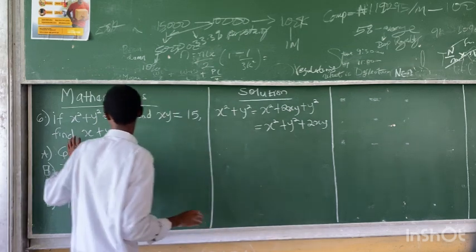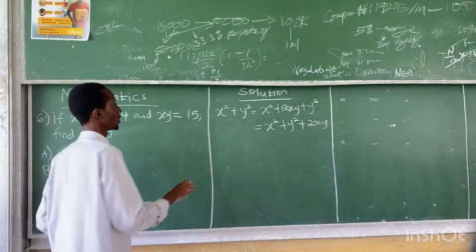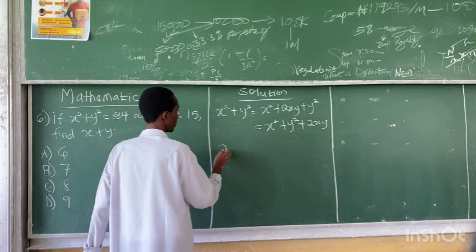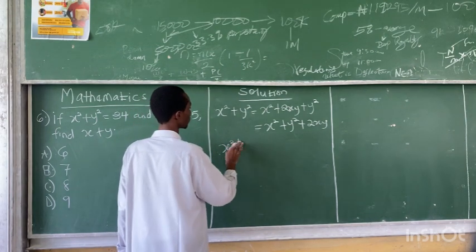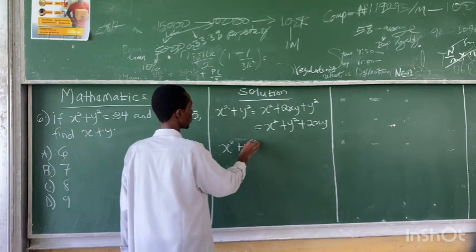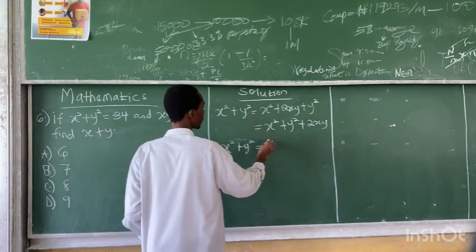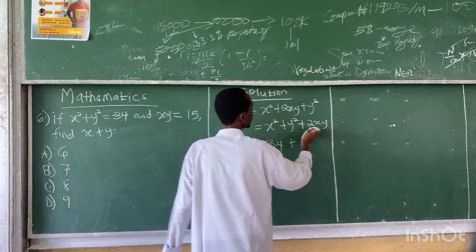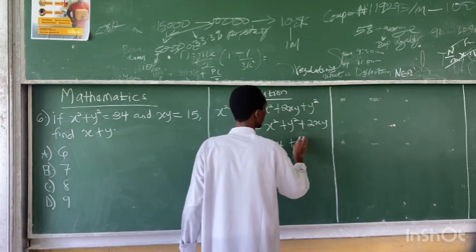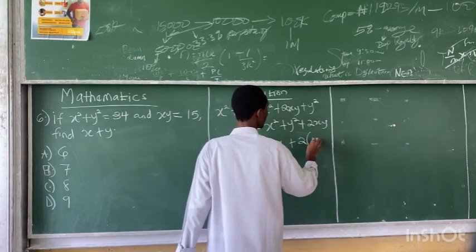Now from the question, they gave us x squared plus y squared to be 34. So here we have 34 plus 2 into xy. Xy from the question is 15.